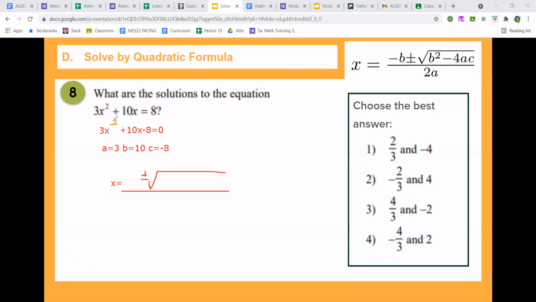So now let's begin to plug in the information for A, B, and C. We're going to start with negative B. So it's going to be negative 10 plus or minus the square root of B squared. So that's 10 squared, minus 4 times 3 times negative 8, all over 2 times 3.